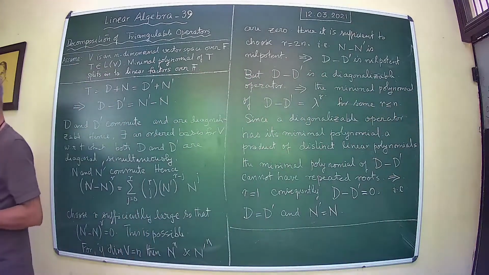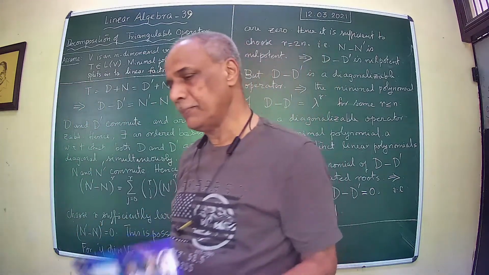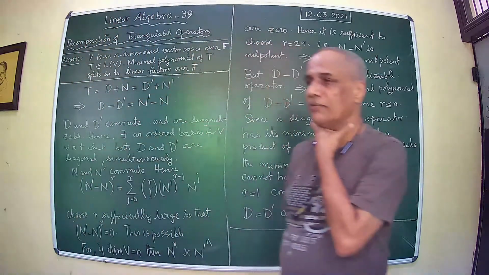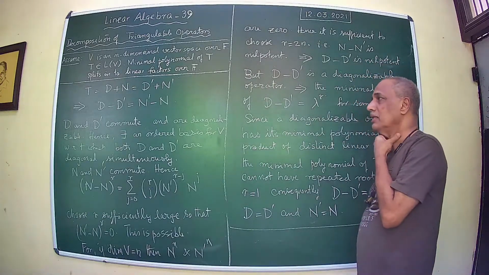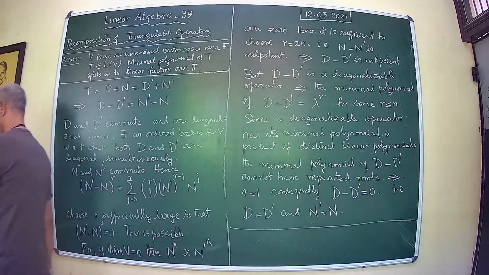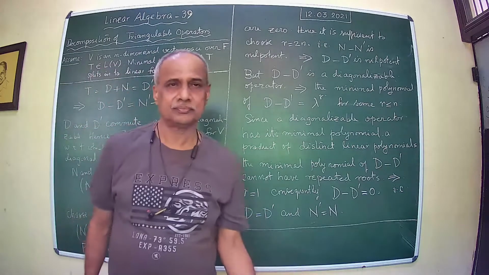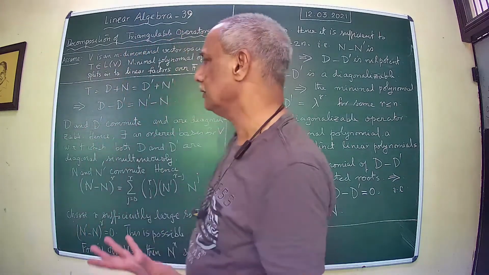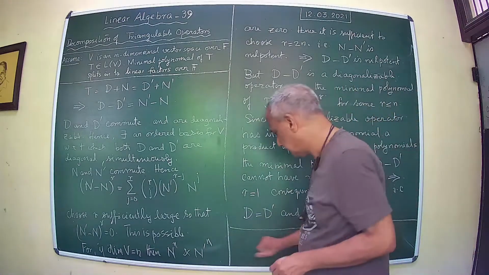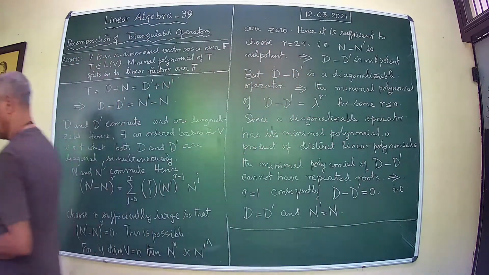So we have seen that if the minimal polynomial splits into linear factors, then you can have another decomposition of T as a sum of a diagonal operator and a nilpotent operator, and this is unique. It's a very nice representation.